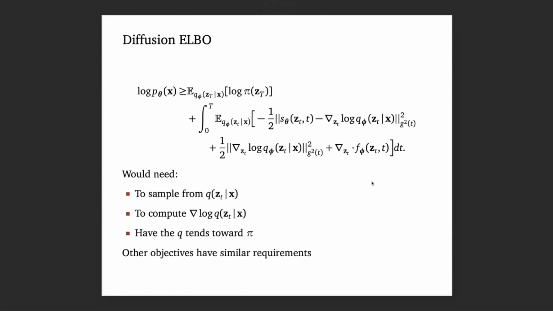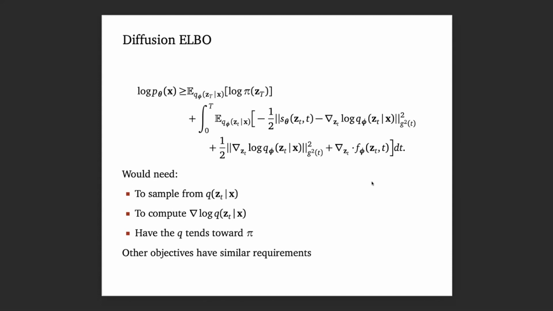And what do you need to do this? You would need to have the ability to sample from the transition kernel, to sample z_t given x. We see that right here. There's an expectation on the inside. We want its score function. This is a score in quotes, not maybe the score that you see in a statistics book.